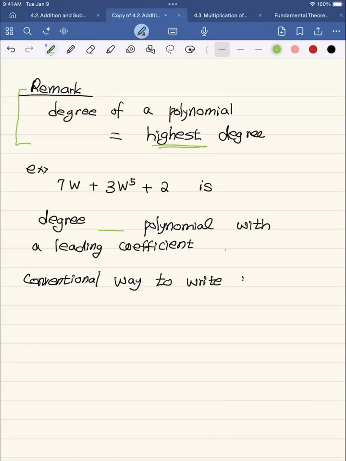When we have 7w plus 3w to the 5th power plus 2, then this is a degree 5 polynomial, because this one is a degree 1 term, and this is a degree 5 term.